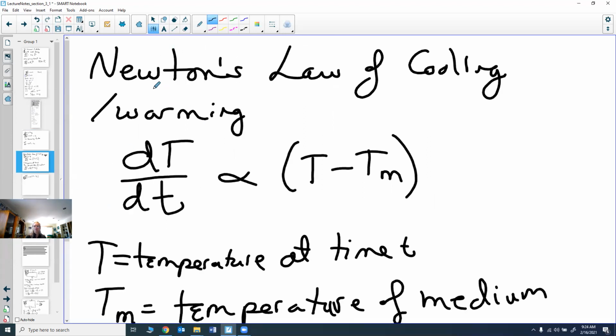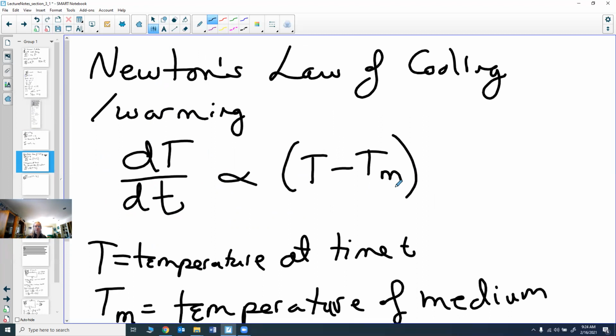Another application is Newton's law of cooling or warming. We've seen this in some group works, but you also can think of this as your rate of change of temperature is actually proportional to the difference between the temperature of the object and the temperature of what we call the medium.